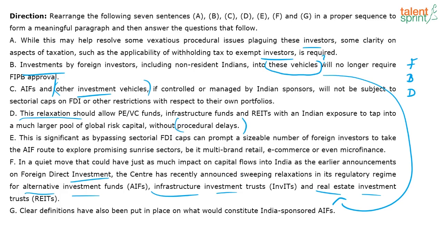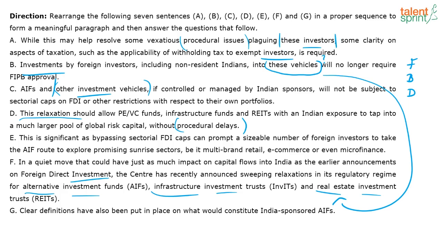Now, procedural delays being the clue word, is there a sentence that is talking about some sort of procedural delay? Which sentence is that? Think. A talks about procedural issues. I'm asking you, is there a sentence giving me an example of what sort of procedural delays can be? Please understand, D is not addressing these investors.